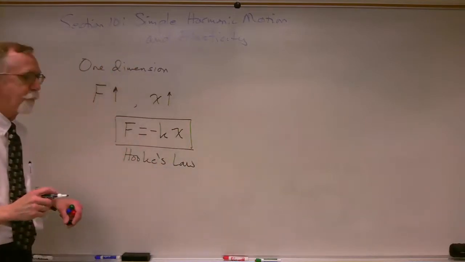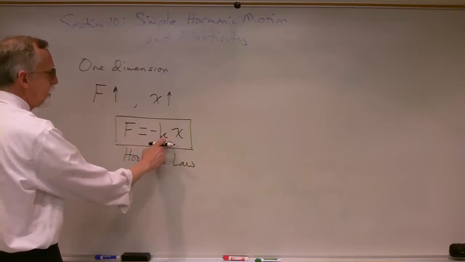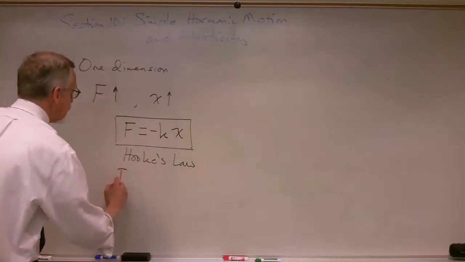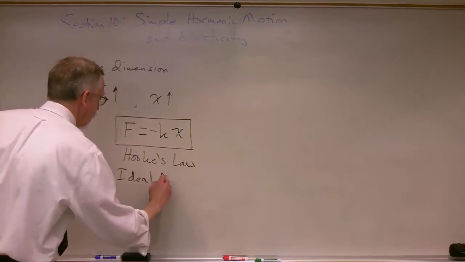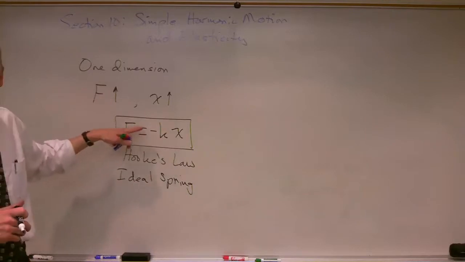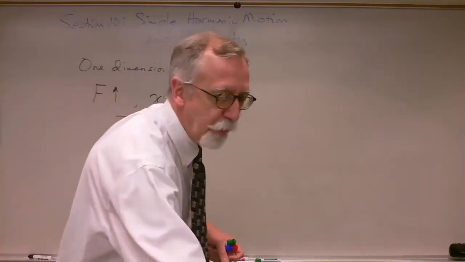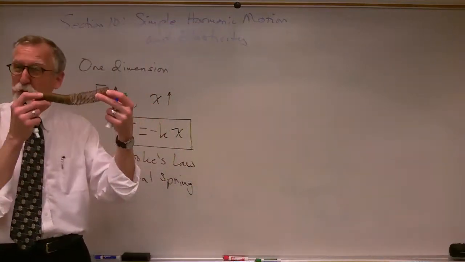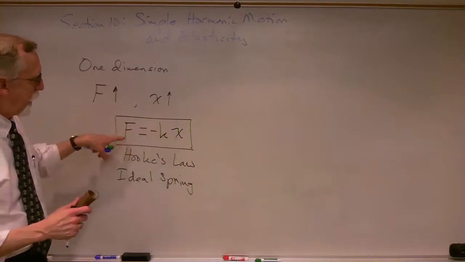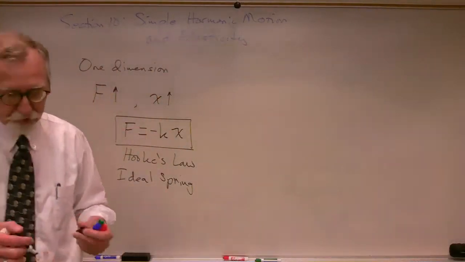Hooke was actually a contemporary of Isaac Newton. And this relationship describes what we will refer to as an ideal spring. Real springs might have a more complicated relationship between the force and the displacement, but we'll assume that the spring that we have is an ideal or perfect spring, so that they are exactly proportional to each other, F equals minus kx.